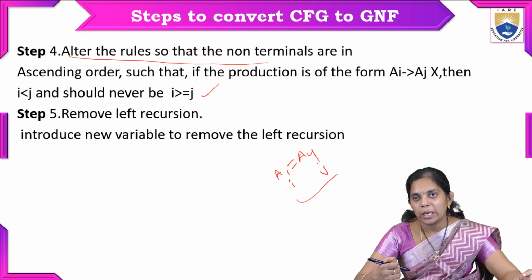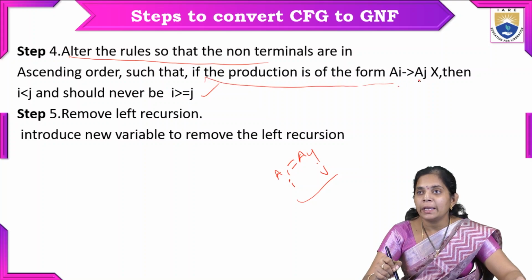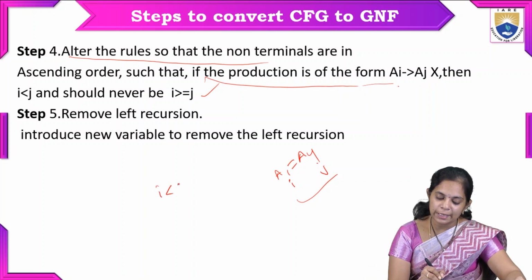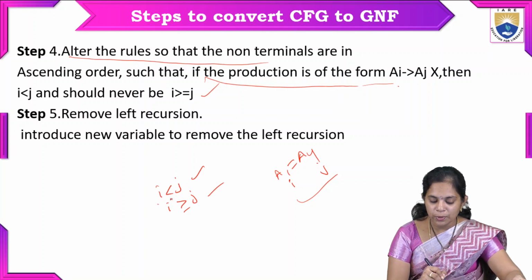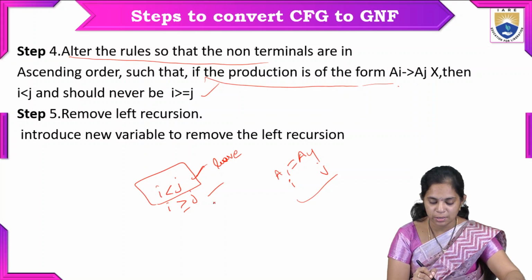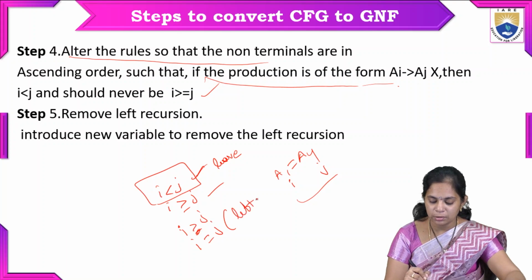So we already did A1, A2 like that, such that if the production rule is of the form Ai tends to AjX, then we need to follow the conditions: i less than j, or i greater than or equal to j. So these are the two conditions. So in this one, if less than is there, we need to simply leave it like that. Leave the production as it is. And in case of these two conditions, i greater than j and i equal to j, this equal represents left recursion.